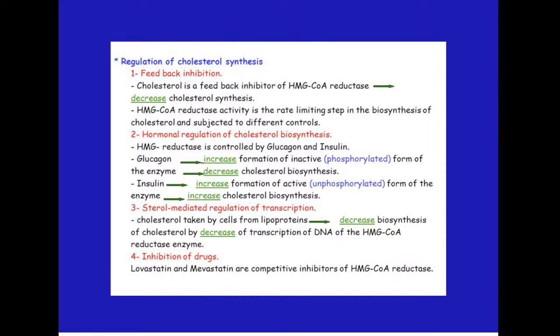And the fourth mechanism represented here is special for you as medics: inhibition by the usage of drugs. Analogs of cholesterol, lovastatin, mevastatin, common name statins, are competitive inhibitors of reductase. This is competitive inhibition. Normal inhibition by cholesterol, by the final product, native to the cells, is named feedback inhibition.